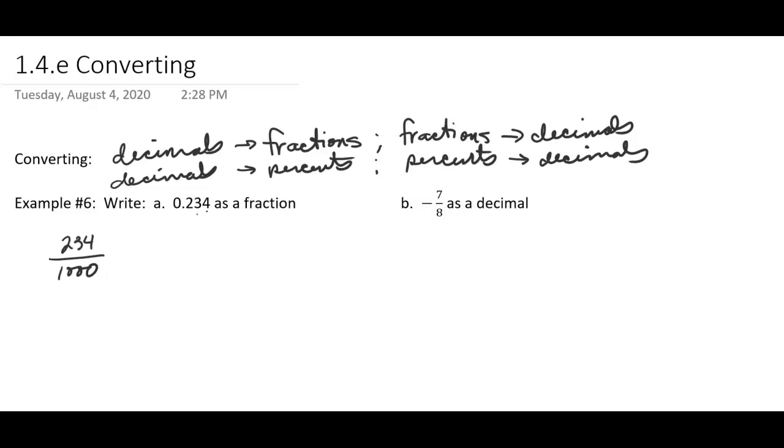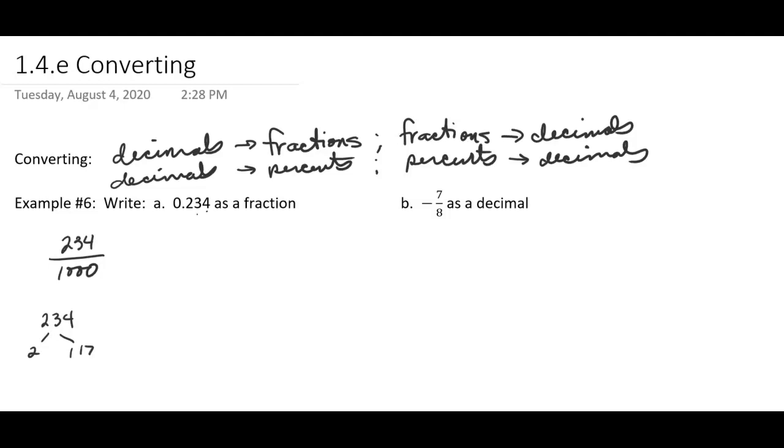5 won't go into 234, so that one's out. But I know 2 goes into 234. In fact, let me write a little factor tree down here. How many times does 2 go into 234? 117. Okay, so I'm going to say I'm done.